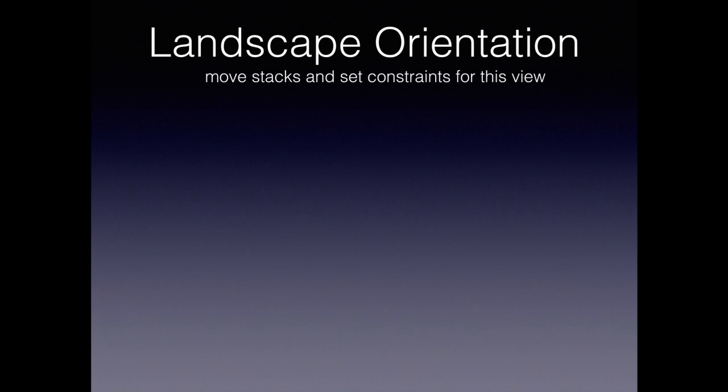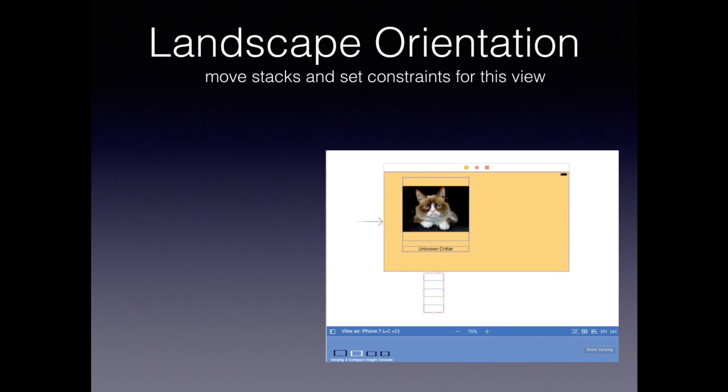When we go to the landscape orientation, the way we get there is first we have to click over here. That then pops up a lower panel that shows you the orientation and size options. And then you select the landscape mode for the right size of the thing you're designing for.